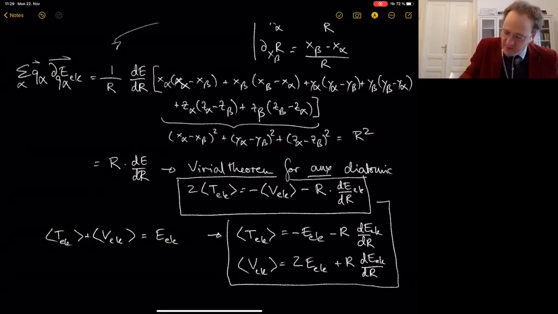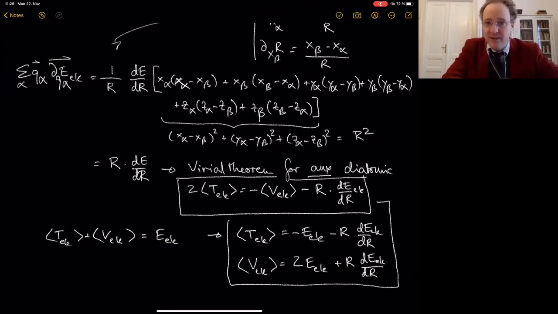So these would be the 2 expressions if you can eliminate either the kinetic or the potential energy term.